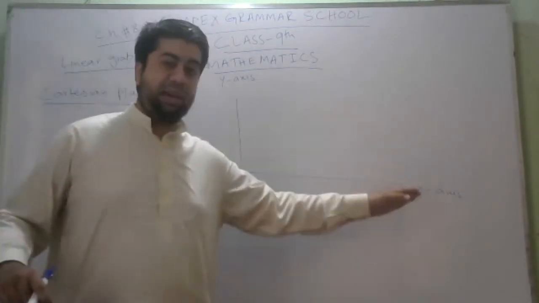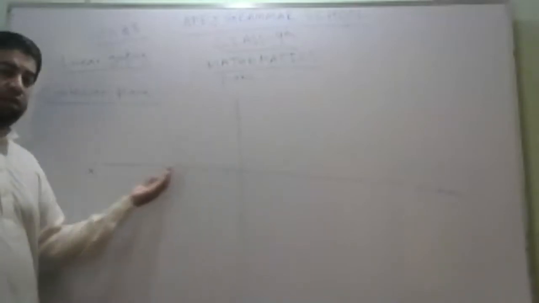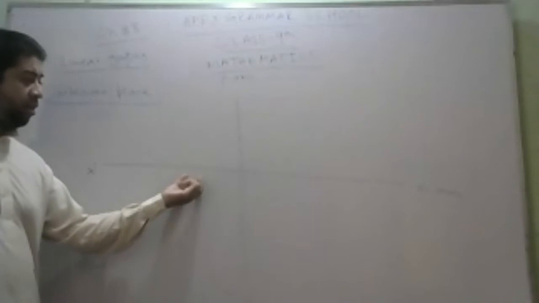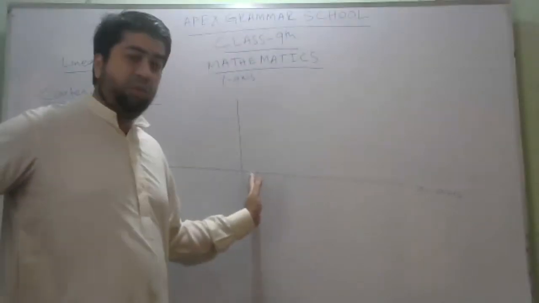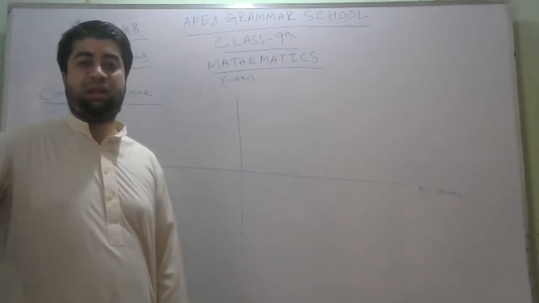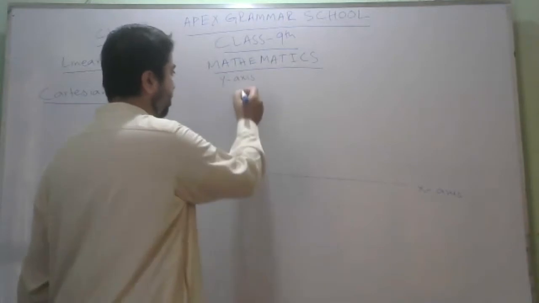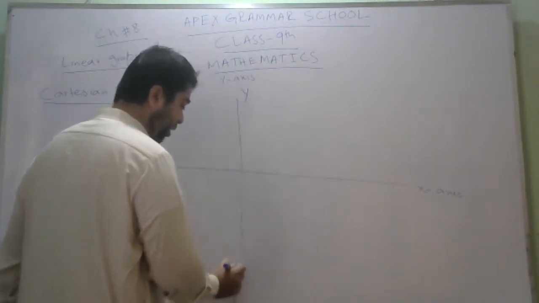Towards the left-hand side, this is x dash, meaning the negative values are presented there, and towards the right-hand side, we draw the positive values of the x-axis. And this is the y-axis, this is y, and this is y dash.